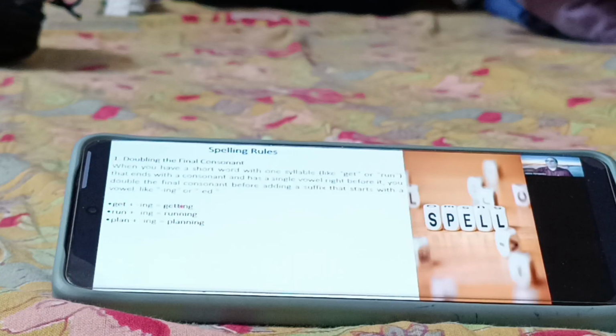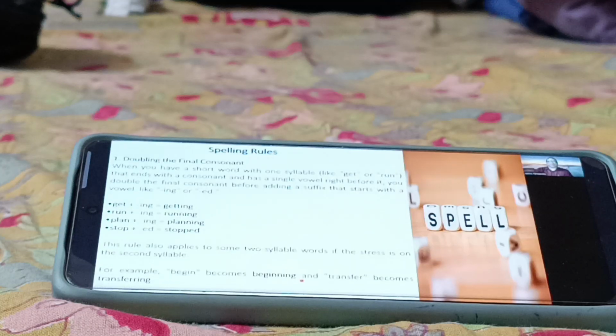So again, T, doubling the consonant sound here, N again doubling, and then afterwards the suffix. Stop becomes stopped. So double consonant sound. In case there are two syllable words and the stress is on the second syllable, again it will apply. So here you have begin becomes beginning and transfer becomes transferring.